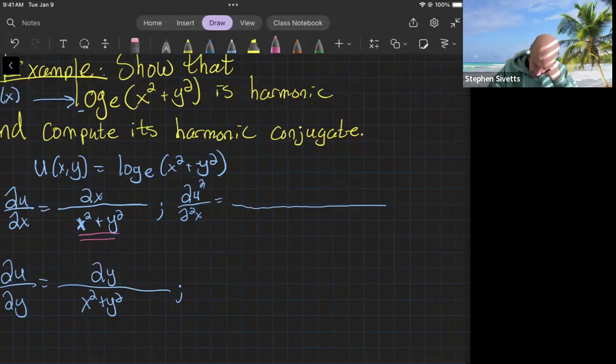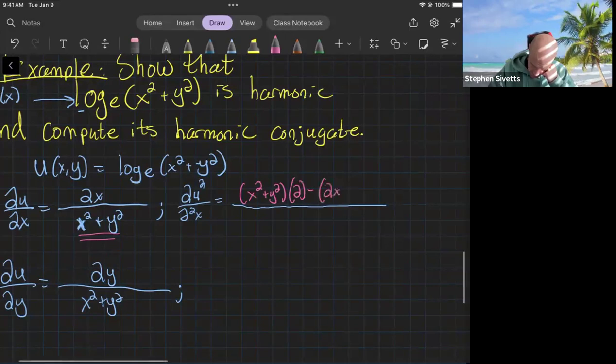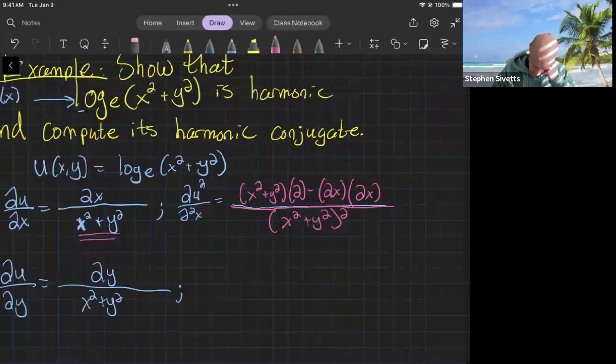All right, here we go. Low times d high minus high times d low, divided by x squared plus y squared, squared. It's over that number.